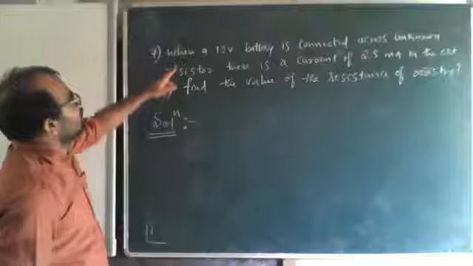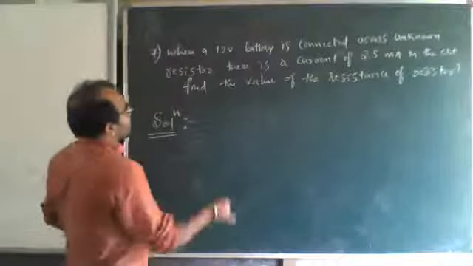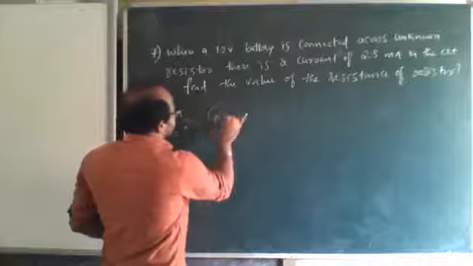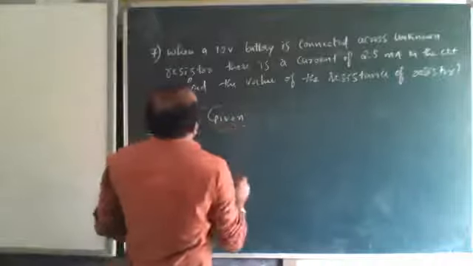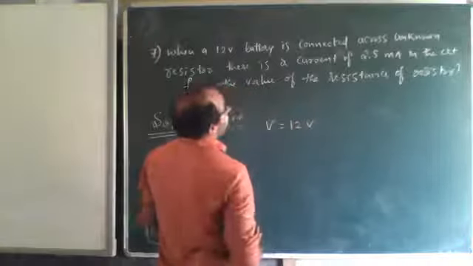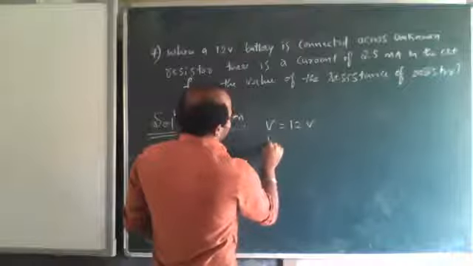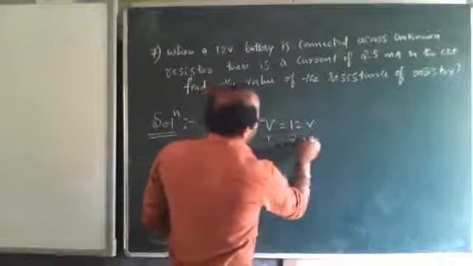Solution. When a 12 volt battery is connected across an unknown resistor, what is given here? V equal to 12 volt. The resistor we don't know. Current they have given: I equal to 2.5 milliampere.